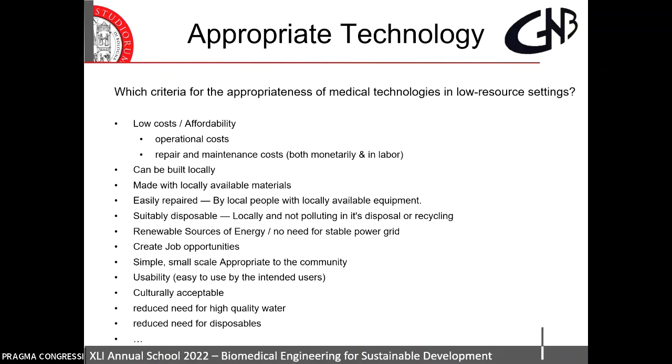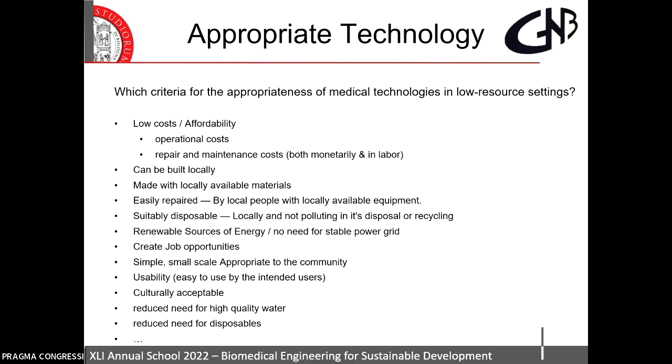So what about medical technology? Because appropriate technology is a very general concept and philosophy, I would say, encompassing all the fields. What about medical technology? Again, there's no exhaustive list of criteria or aspects.